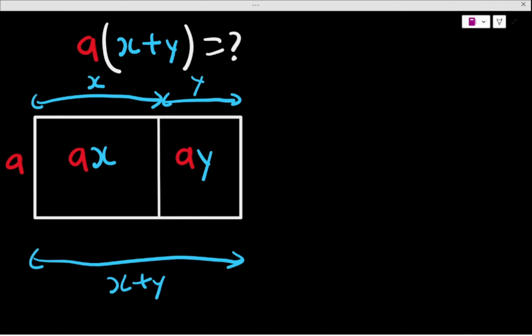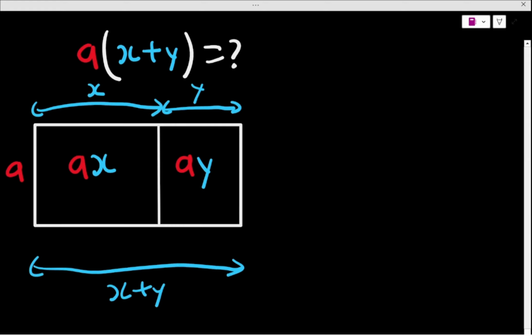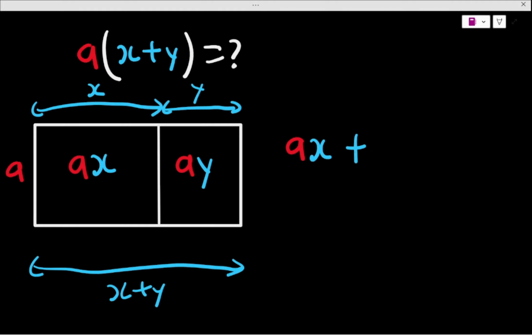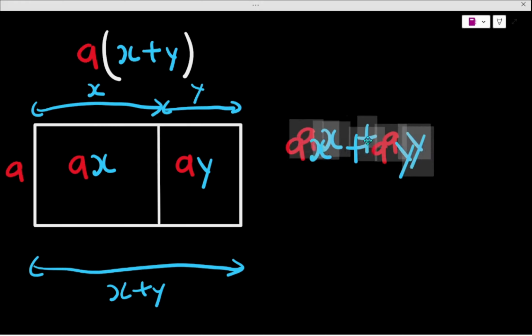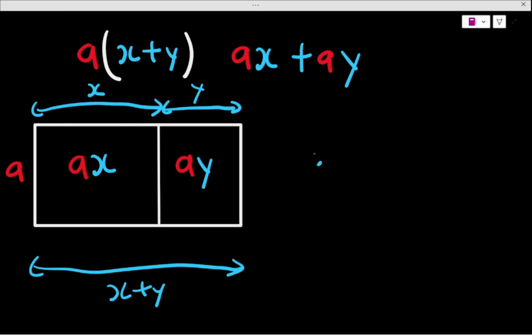Since we said that the area of these two rectangles is the same as the area of the whole rectangle, it means that the area of the full rectangle is equal to ax plus ay. Which means that this thing right here, a times x plus y, is equal to ax plus ay.